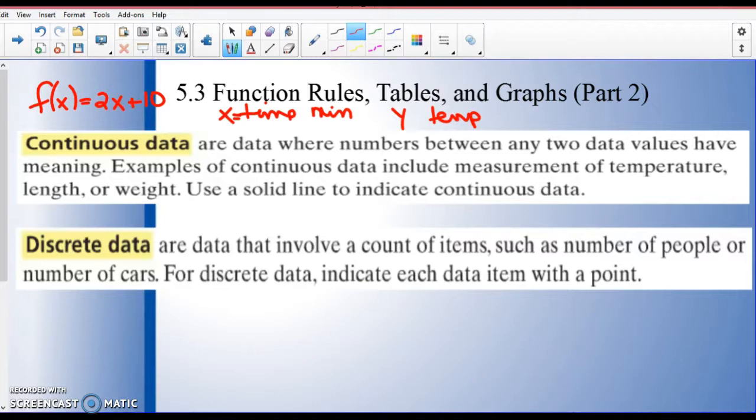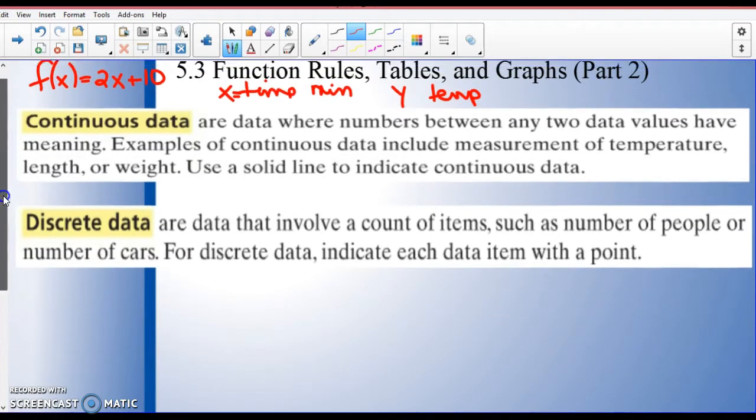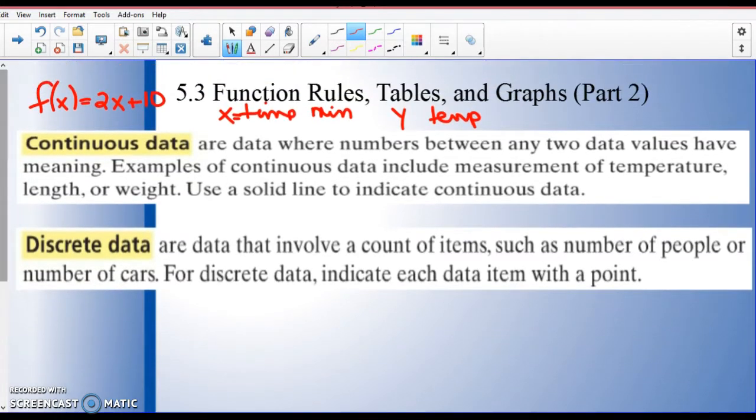Now, the other type of function is called a discrete data function. It is data that count items, such as number of people or cars. For discrete data, indicate each data item with a point. It is not a continuous line.